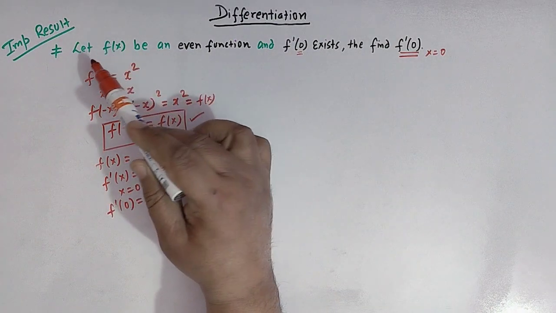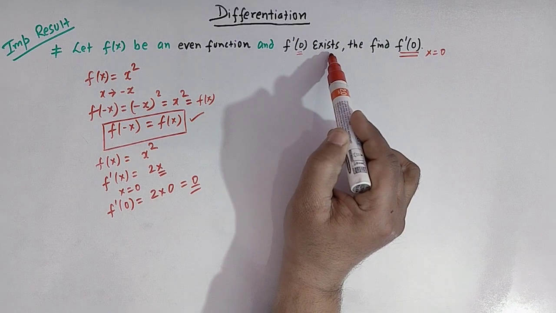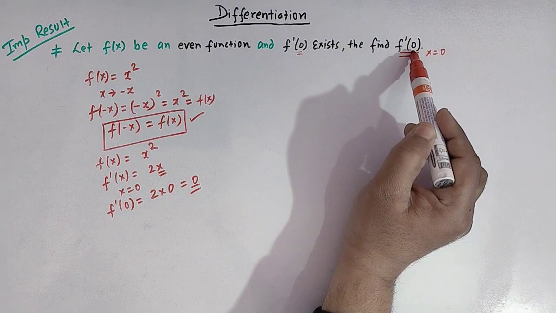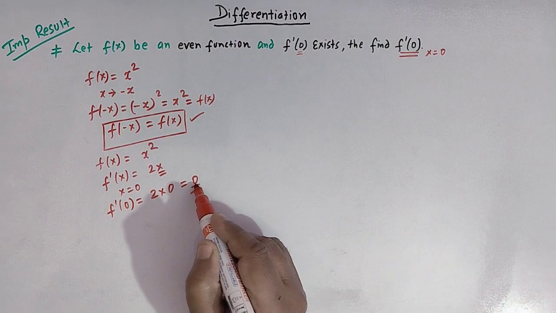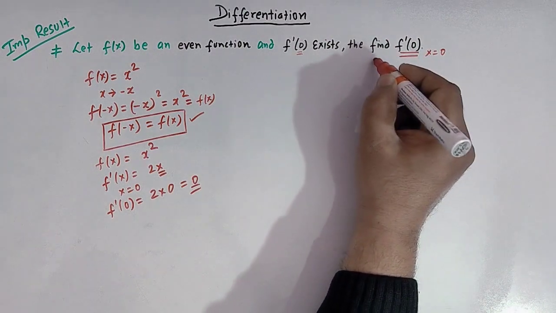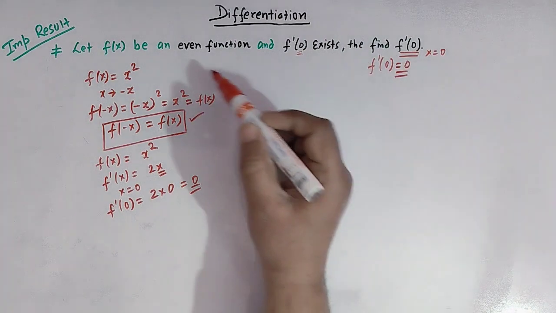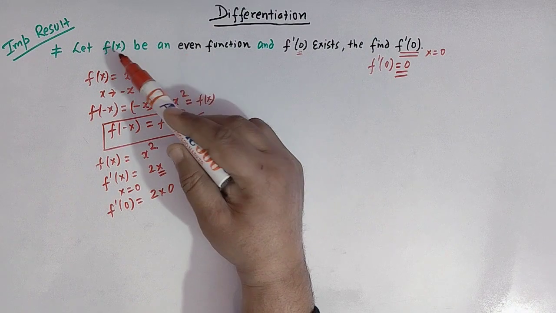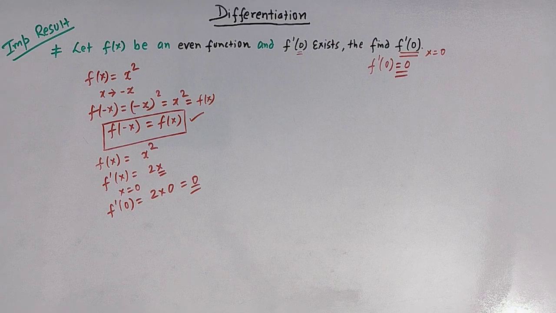So, let f(x) be an even function and f prime of 0 exist. Then find f prime of 0. So the value of f prime of 0 is 0 here. So here I will prove that f prime of 0 is equal to 0 for all even functions, for all x belonging to the set of real numbers.